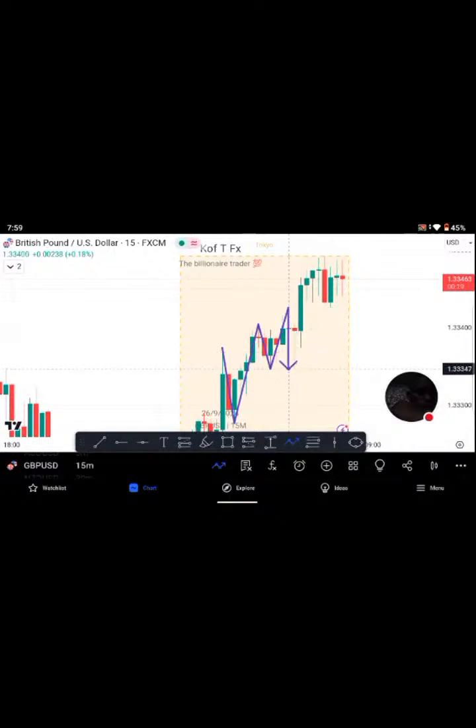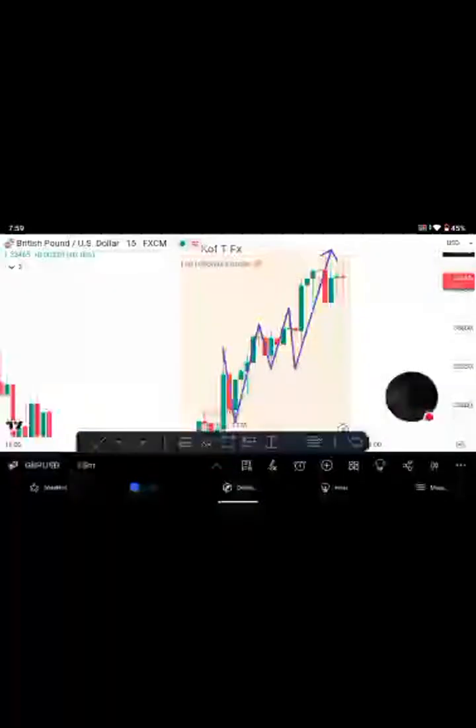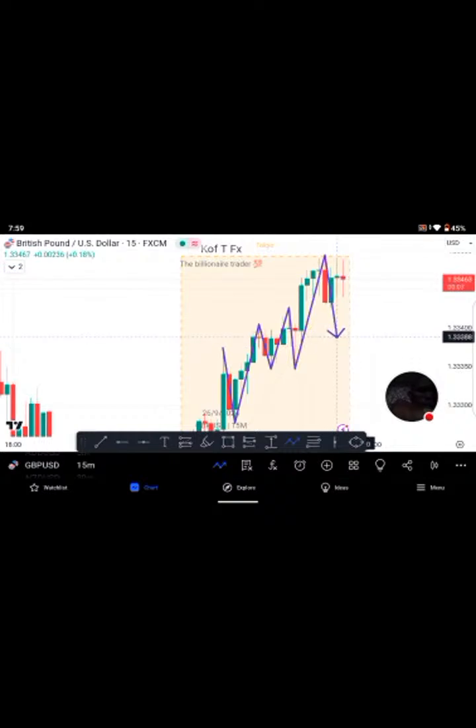We have price taking out the low, and we are expecting a pullback, and boom.